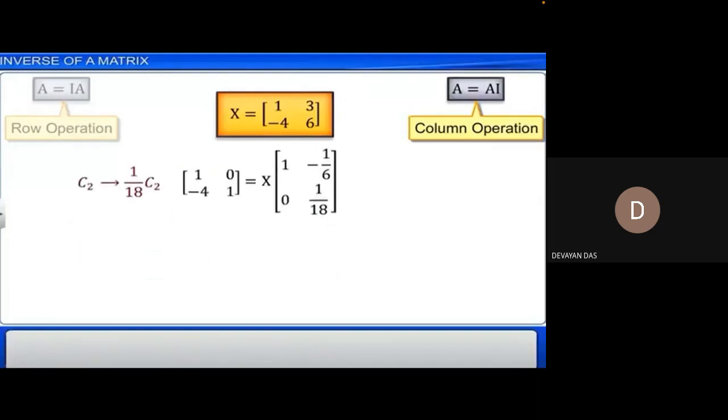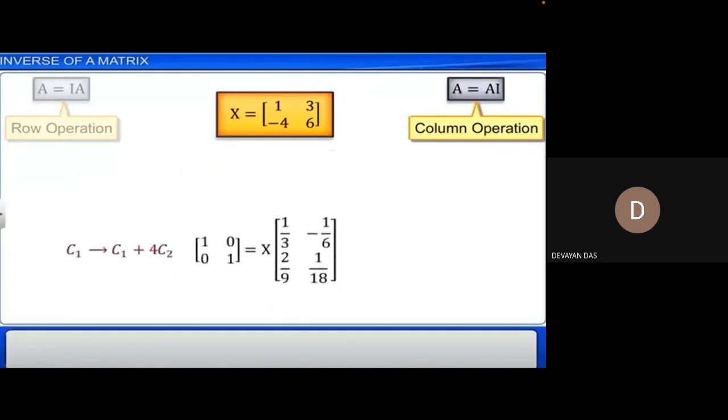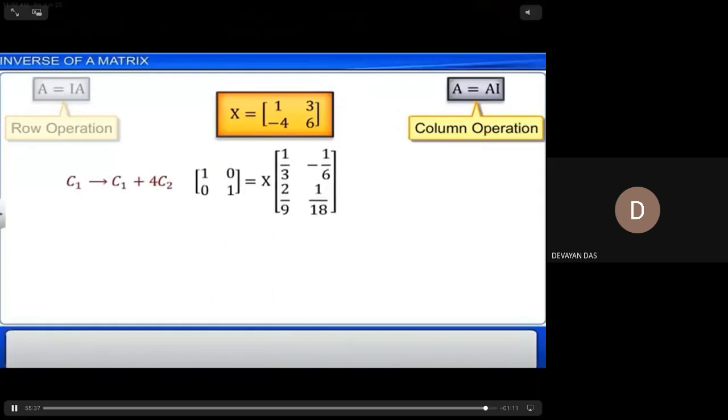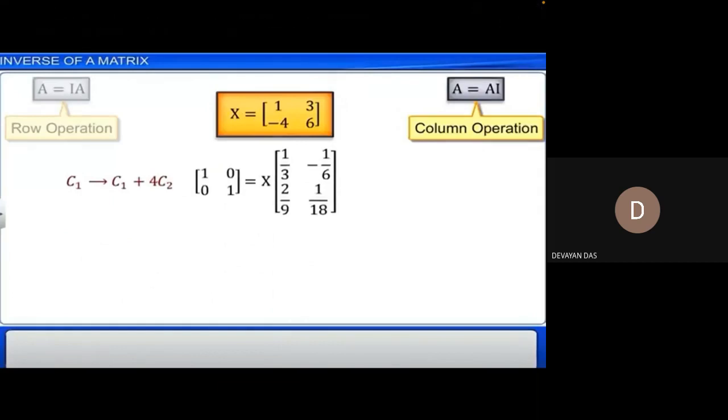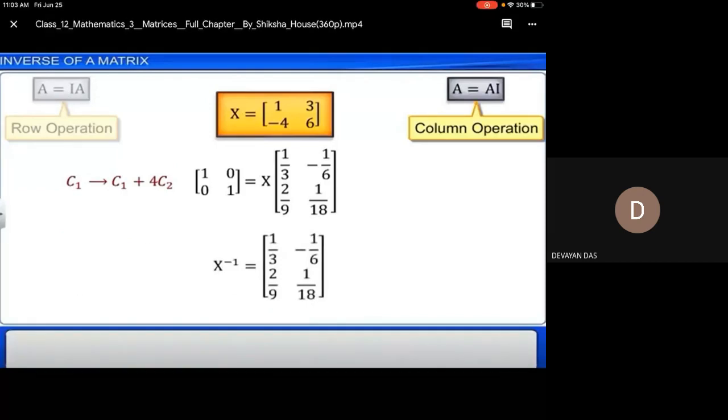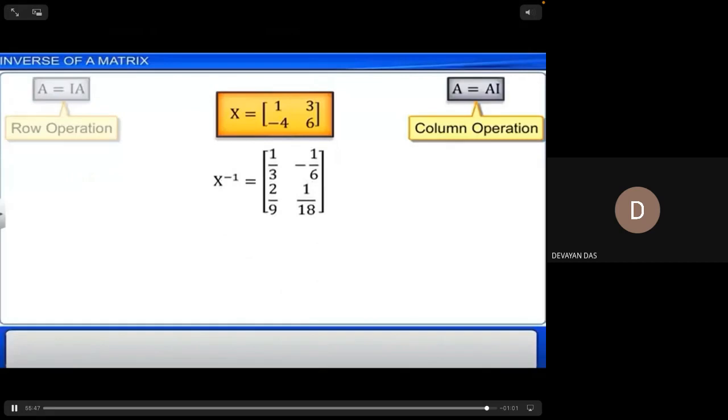The procedure is the same, but we do columns. Whatever matrix we get there, the same matrix we get here, which is the inverse of the given matrix.